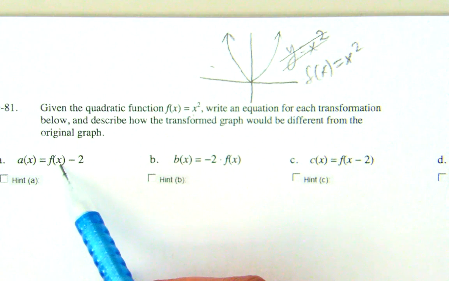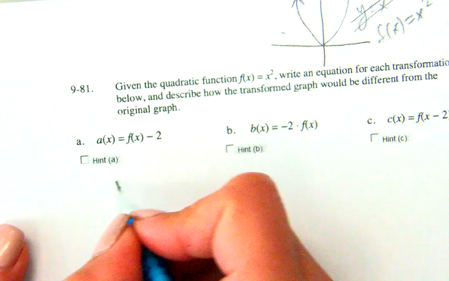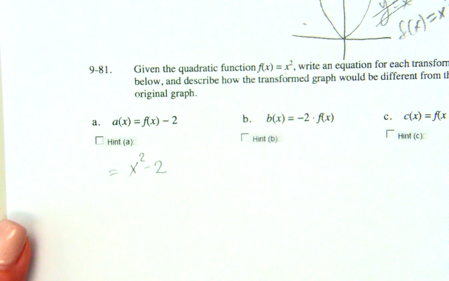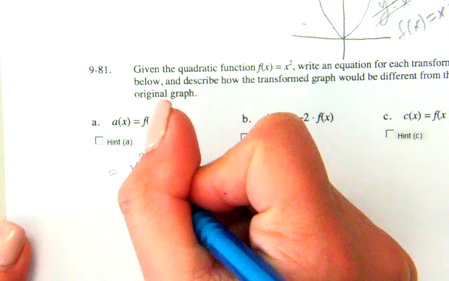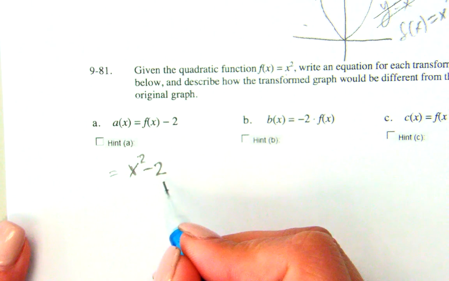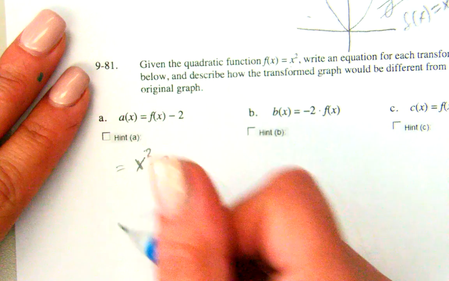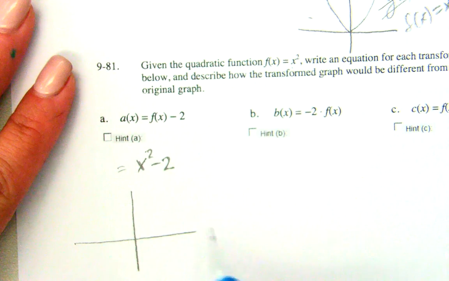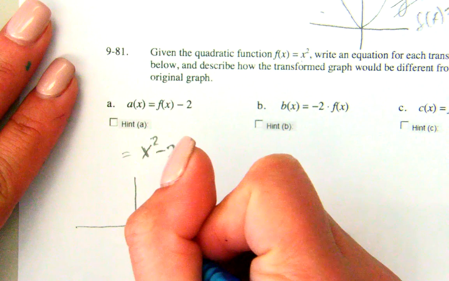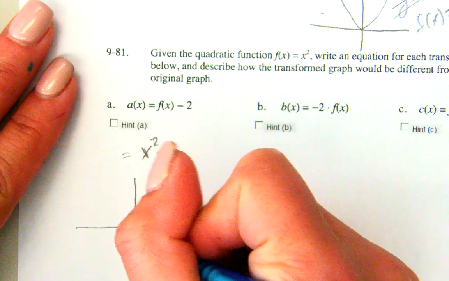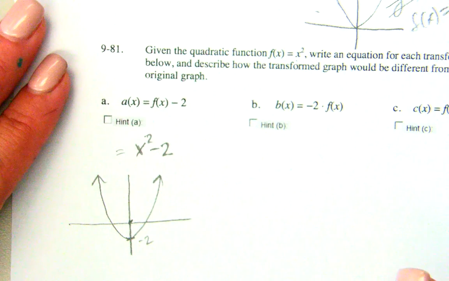So f of x equals x squared. Write an equation for each transformation below. If f of x is technically your x squared, then what does x squared minus 2 actually do to the graph? Well, it's not in the parentheses, so x squared minus 2 would shift your graph down 2 units from the original. So it would go from the origin down to -2, and then it would go up, just like that. Okay?